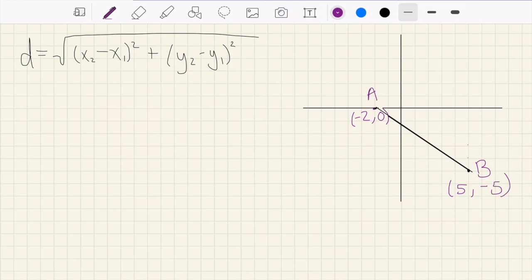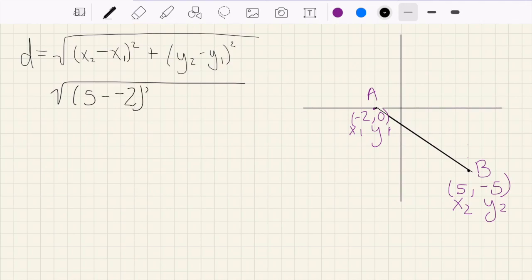All right, so now I have my 2 points, and I can label them x1, y1, and x2, y2. So I'm going to go ahead and start plugging them in. So my x2 is 5 minus my x1 of -2, squared, plus my y2 is -5 minus my y1 of 0, squared.